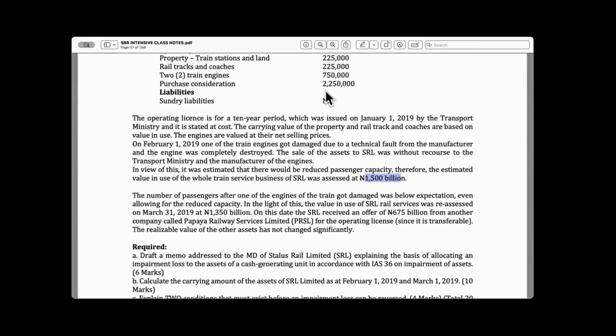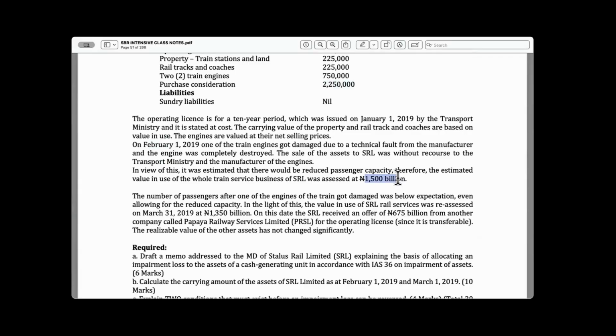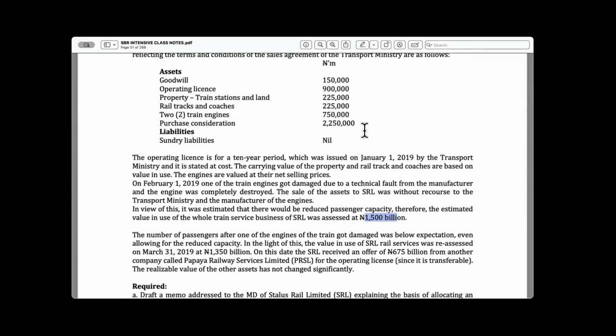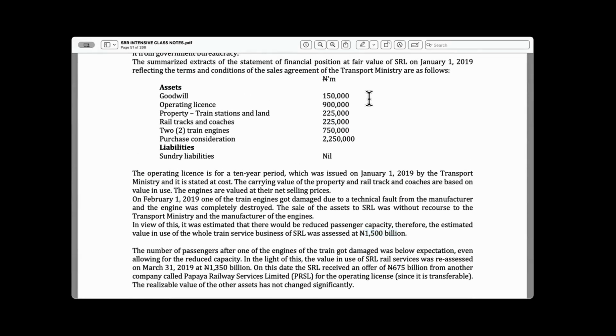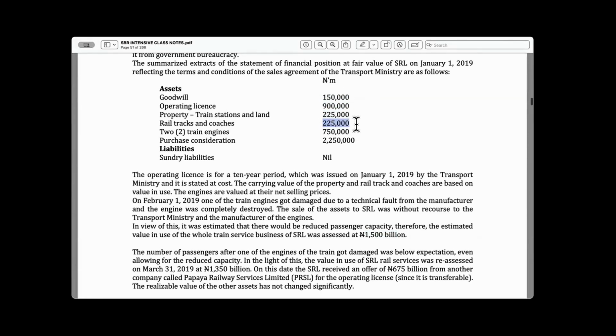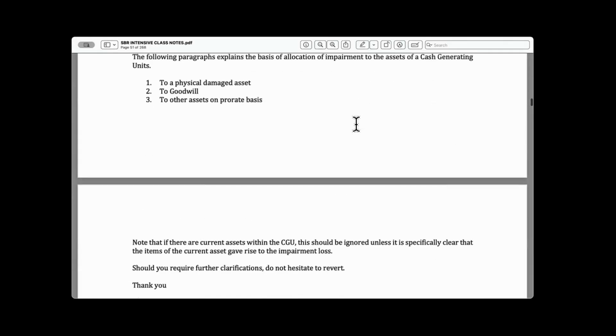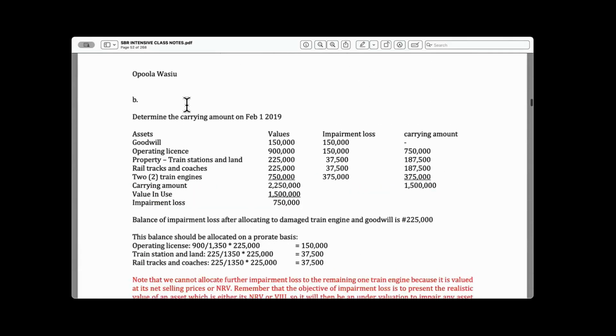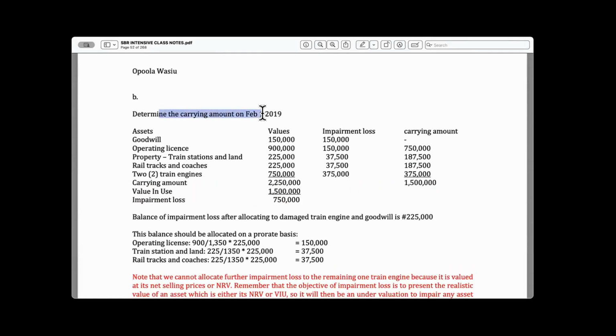If you look at the difference between these two, it's 750. In order to get their new individual carrying amounts, you will need to allocate that 750 to each of these using the order you learned. This is how it is done. So in order to determine the carrying amount as of February, I itemized the values given in the question, right?